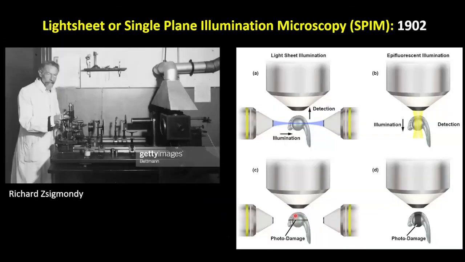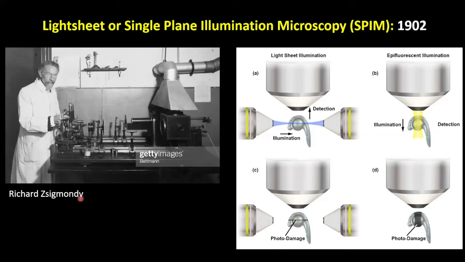So before I show you the results, I also want to talk a little bit more about the so-called light sheet, or single plane illumination microscopy. The idea was introduced a long time ago, in 1902, by Richard Zsigmondy.